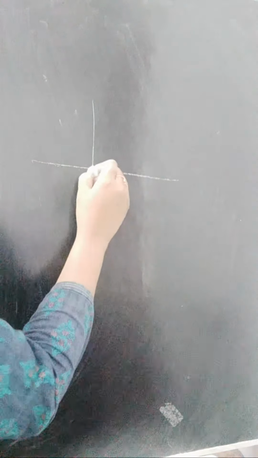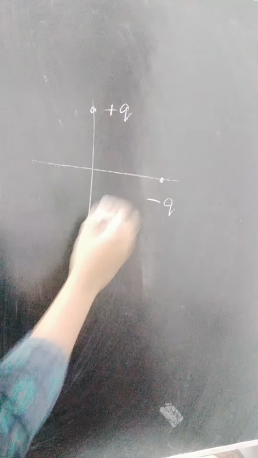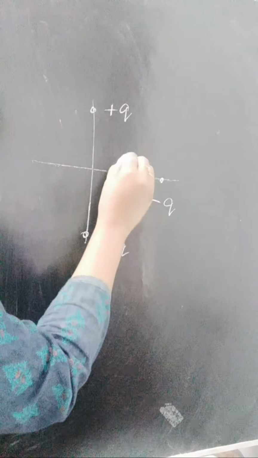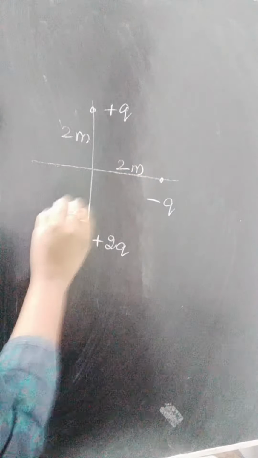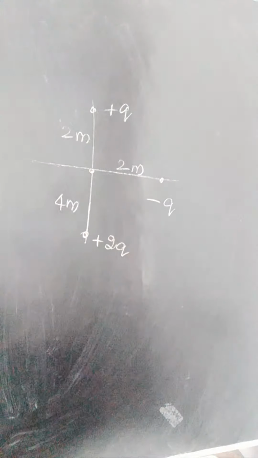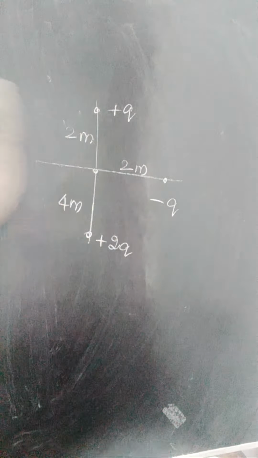See, if any point charge is lying at this point, minus q, and one point charge is lying here, plus q, and another charge is lying here, plus 2q, and the distance here is 2 meter, and this is also 2 meter, and this is 4 meter from the origin, and they are asking to find the dipole moment of this setup.